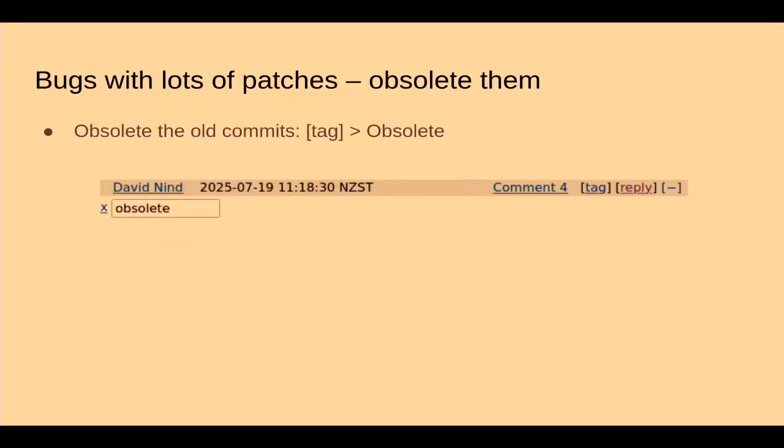Sometimes there are bugs with lots and lots of patches because they've gone round and round. To declutter the bug, adding the obsolete keyword hides it all and lets you go straight to what you need to do.